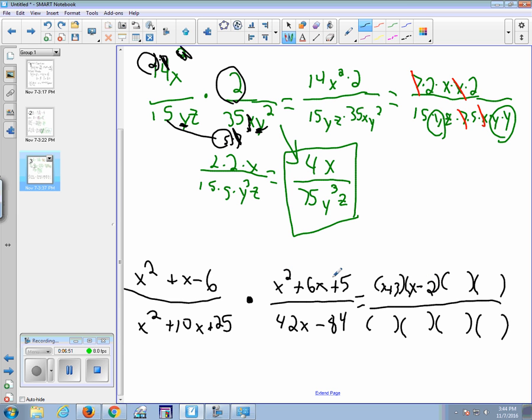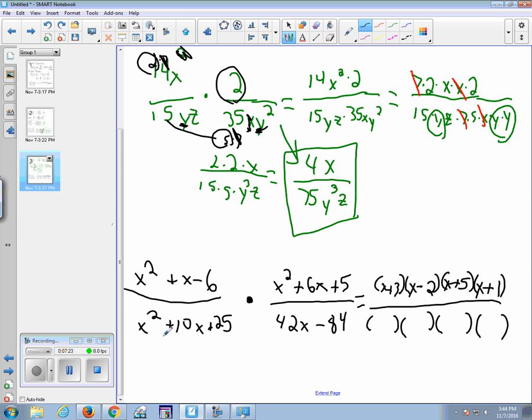X squared plus 6x plus 5. Let's see, to get x squared, that's going to be x and x. To get 5, it's got to be 5 and 1. Positive 5, it's got to be the same signs here. If it adds up to positive 6, they're both positive. There's my numerator as 4 factors, each one a binomial.